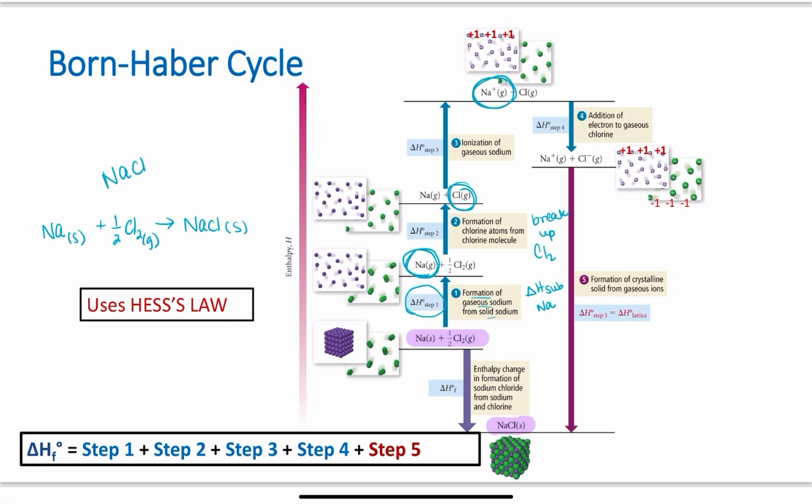All of that takes energy, hence the enthalpy increasing. I need to add an electron to a gaseous chlorine. So right here, this is your ionization energy. This is electron affinity, adding an electron to the chlorine to form Cl-. Formation of crystalline solid from the gaseous ions, that's my lattice energy. This whole process is what's actually involved to be able to do this.